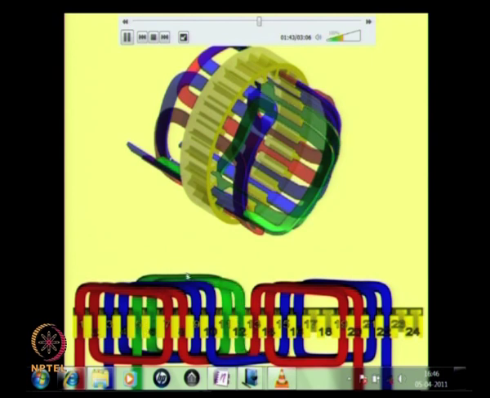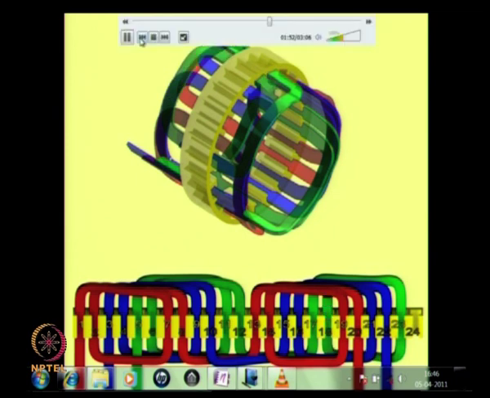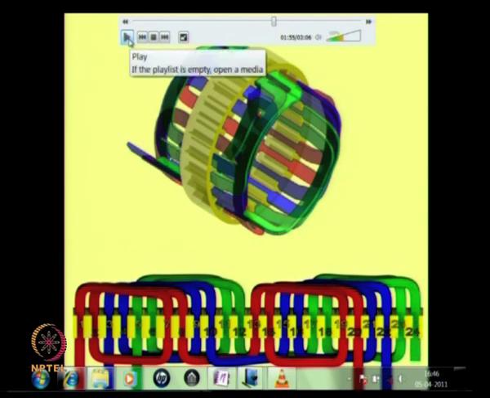So, the G phase, now each of these you can see occupies 2 slots, 2R, 2B, 2G.